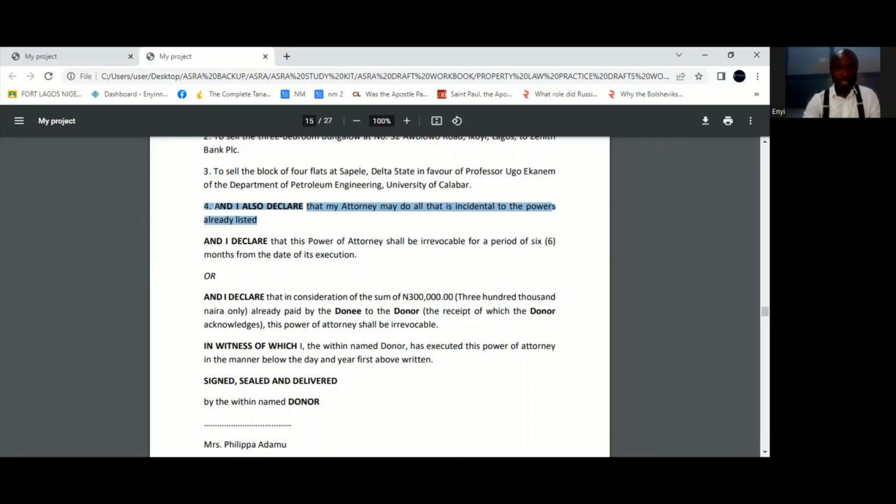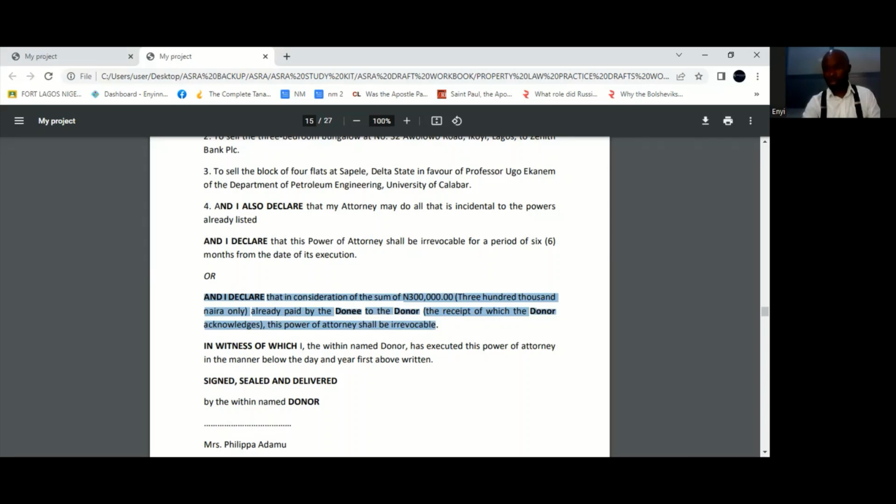Now, the first one you see here, it's where it's granted for a certain period of time for which it cannot be revoked. And it says, and I declare that this power of attorney shall be irrevocable for a period of 6 months from the date of its execution, or if it's been granted for valuable consideration, it would read, and I declare that in consideration of the sum of so and so and so naira already paid by the donee to the donor, the receipt of which the donor acknowledges, this power of attorney shall be irrevocable.